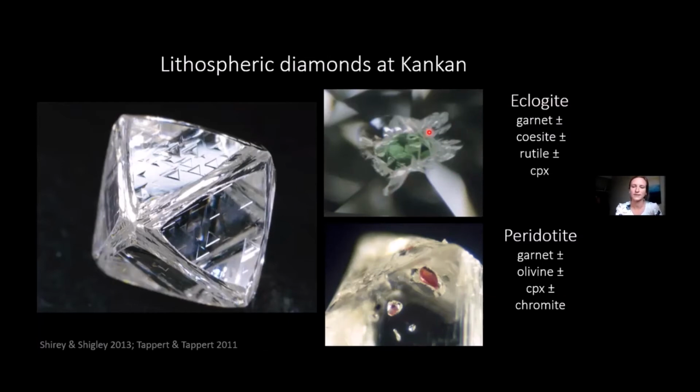And here I'm showing some nice photos that I stole from some other people, where you can see this beautiful clinopyroxene inclusion shown here, and then this red-purple garnet that you find in peridotitic type diamonds.